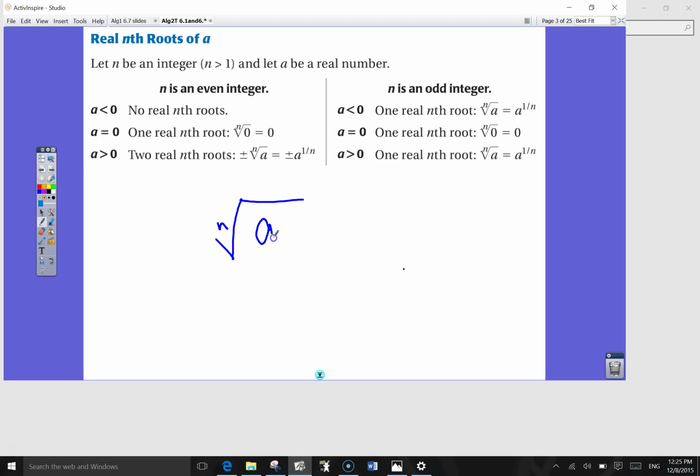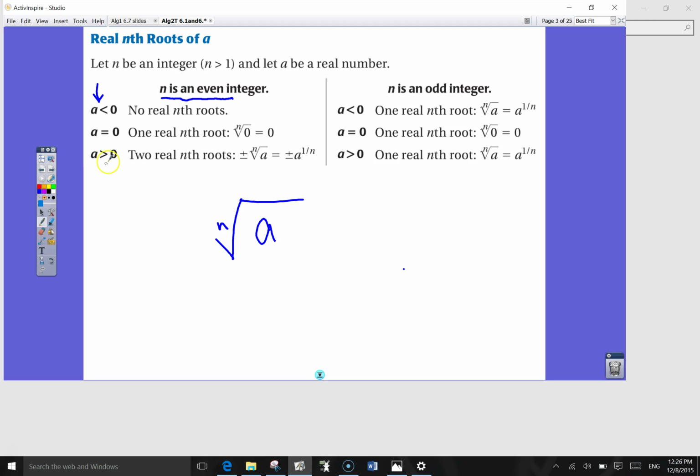There's a radicand, which is whatever is underneath the radical. So this is telling us that when the index is even, square root, fourth root, sixth root, etc., first, we cannot take the square root of a negative number. That's what that's saying right there. If a is less than 0, it has no real nth roots.